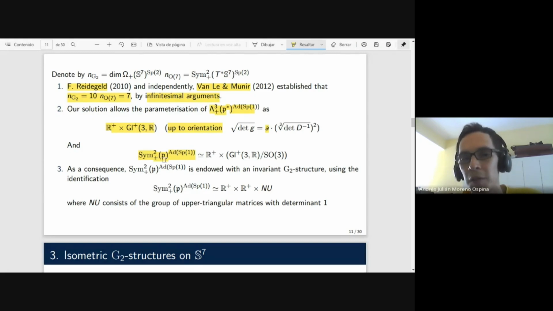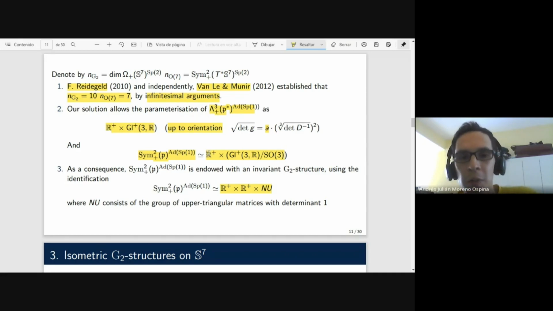A curious application of this last identification is that we can endow the space of metrics with an invariant G2 structure, because in fact this quotient can be identified with this solvable manifold.